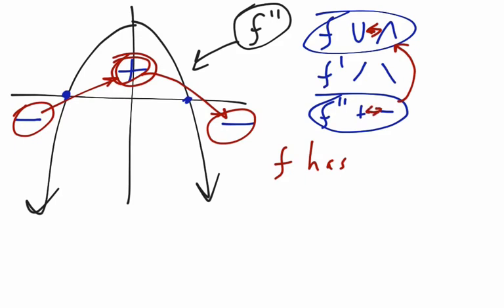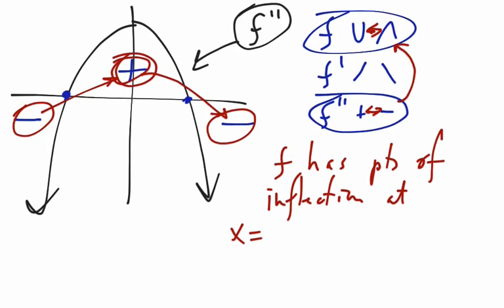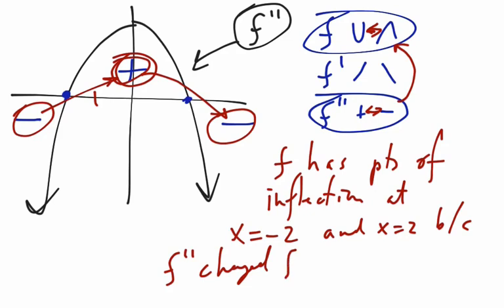So f has points of inflection at x equals, and let's call these positive and negative 2 again, negative 2 and x equals 2, because f double prime changed from positive to negative, or vice versa. This is an excellent place for that vice versa.